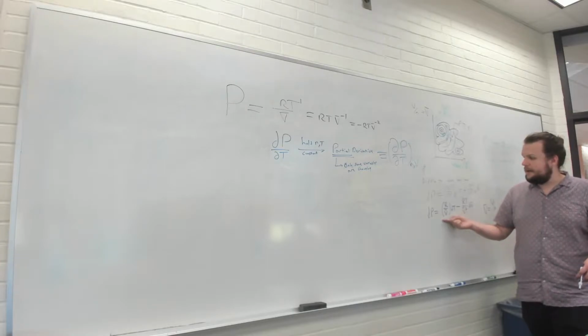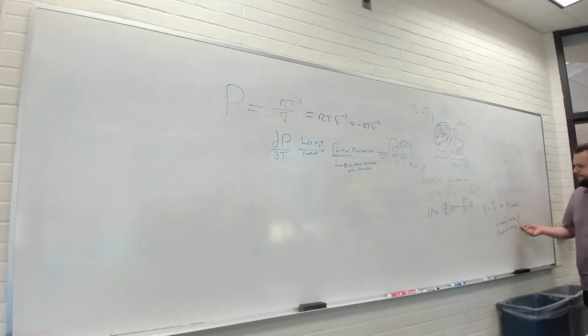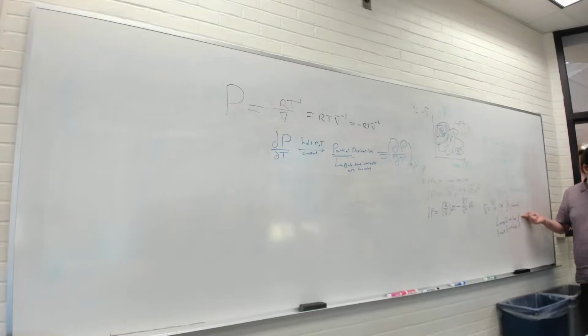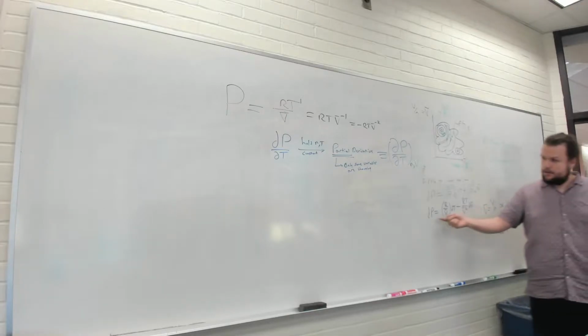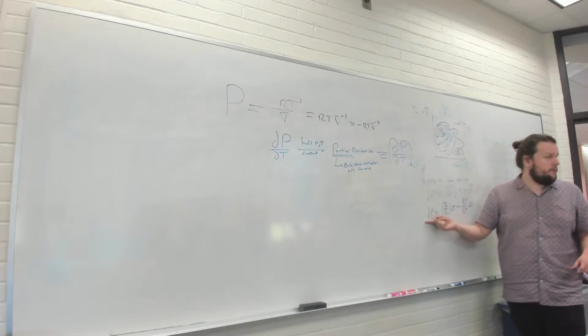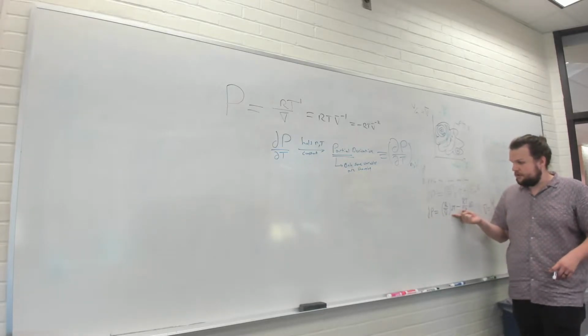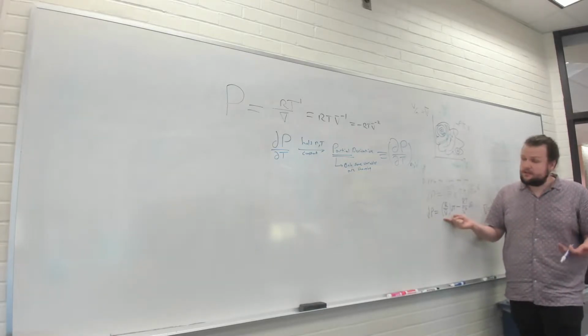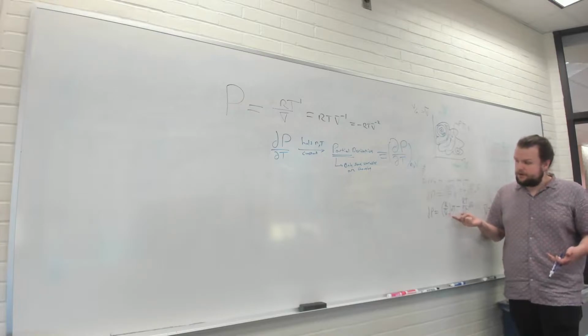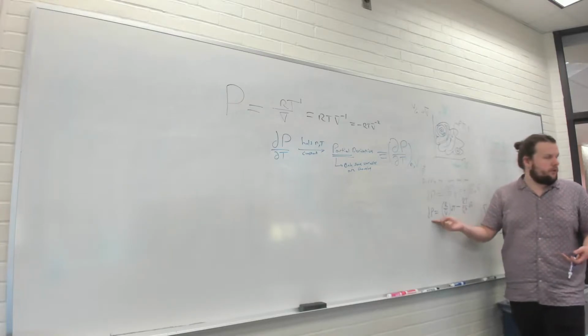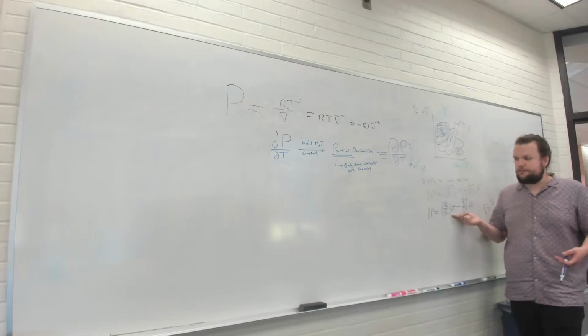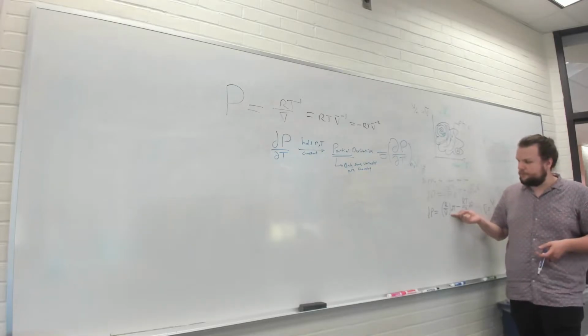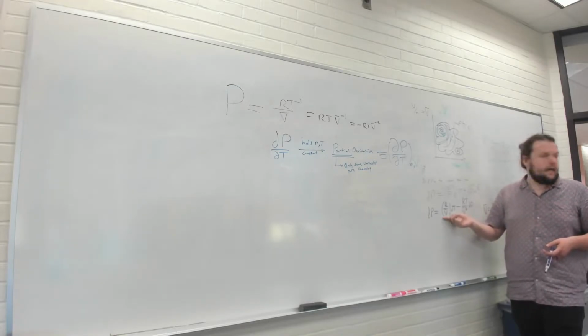At low density, or large molar volume, pressure doesn't fluctuate very much with temperature. But if the gas is very dense, this is a large number, so dP scales much more like dT, and pressure changes much more aggressively with temperature at high density.